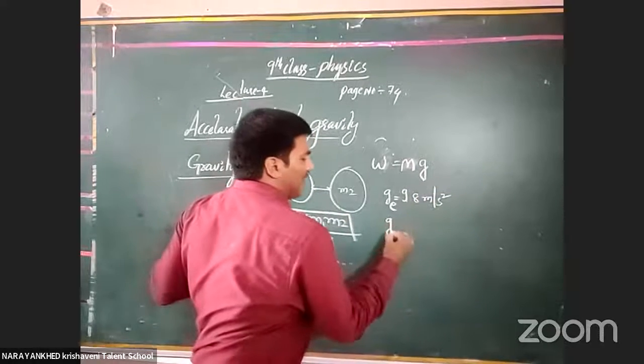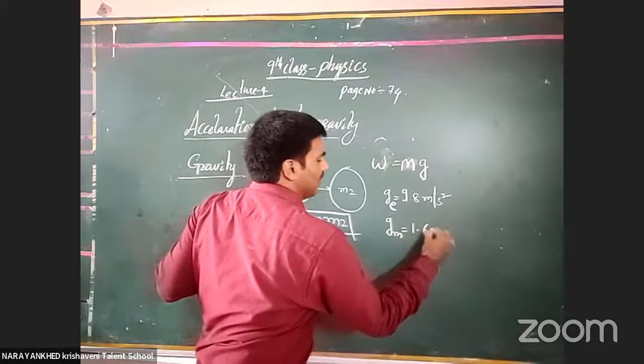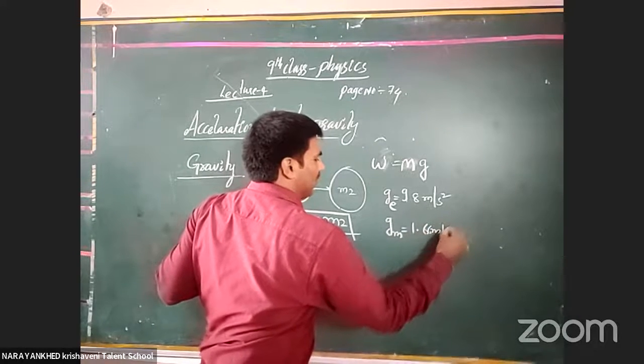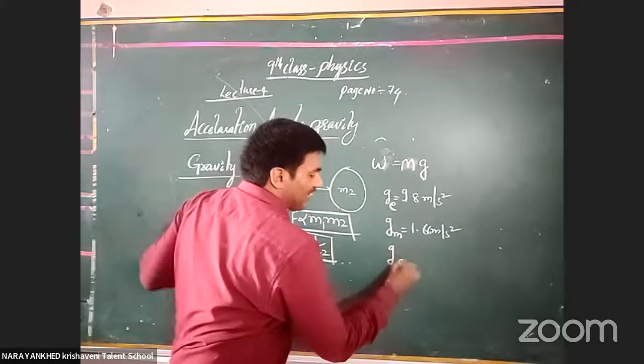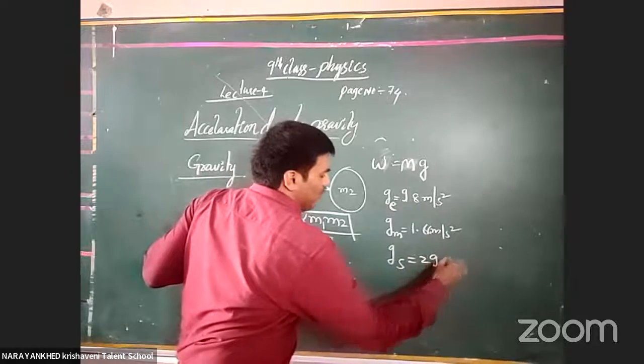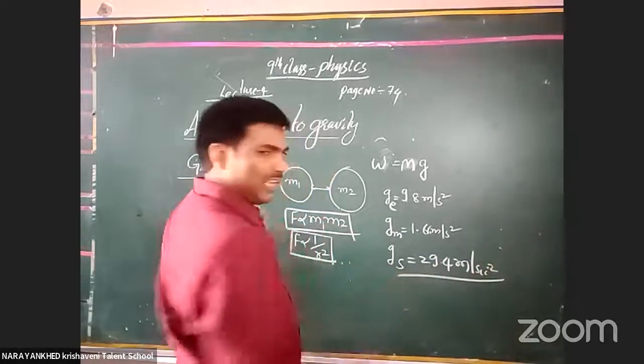Suppose you take it on the moon, it becomes 1.6 meters per second square. Got it or not? Suppose you go to the sun, it is 29.4 meters per second square. It is not the same.